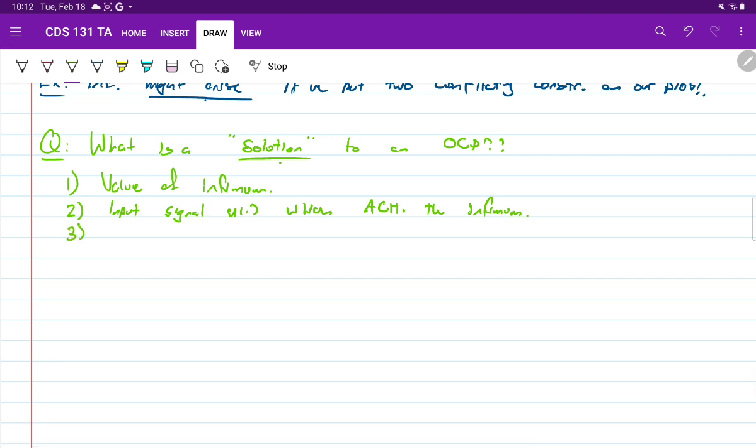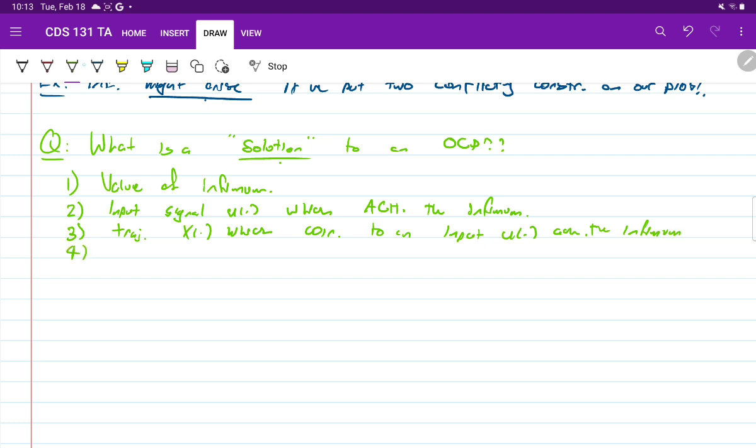Third, we might be interested in the trajectory x which corresponds to an input u achieving the infimum, right? That might also be of interest.